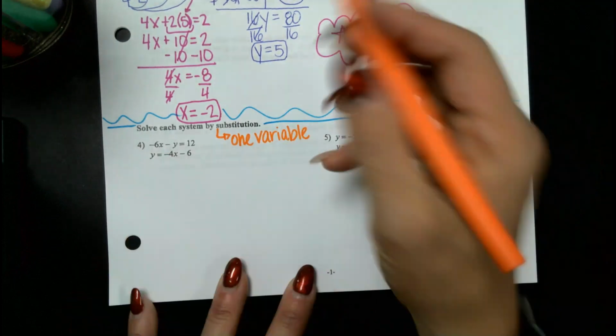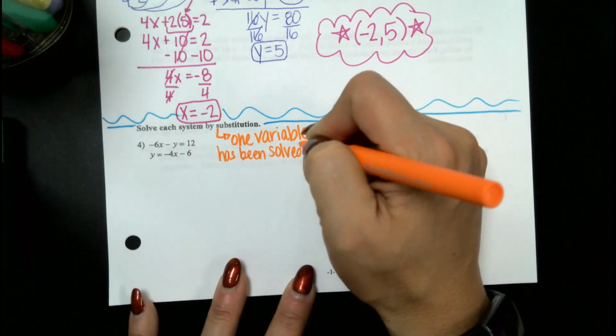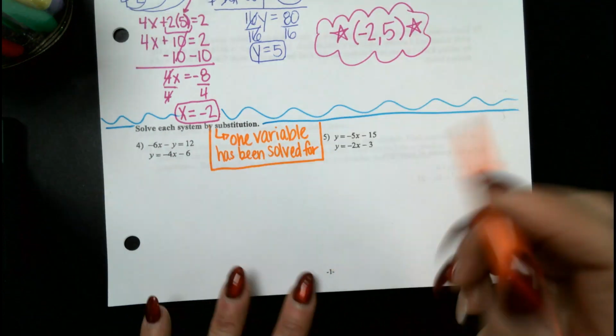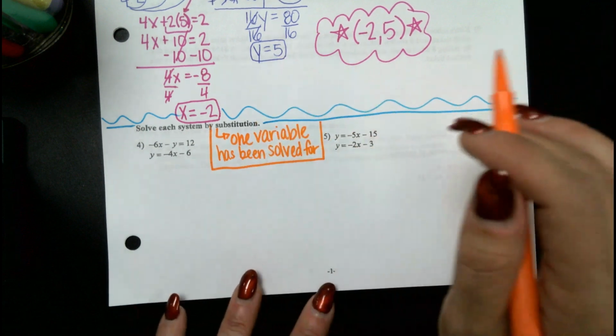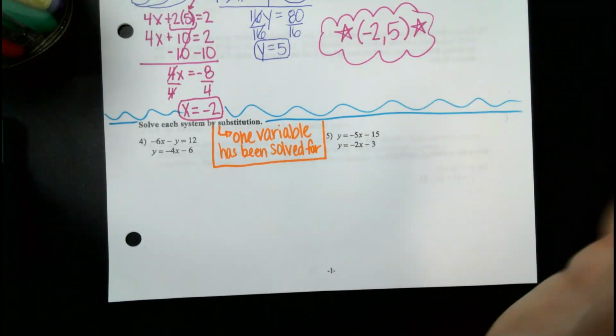Meaning, look at my number 4. See how that bottom equation has one variable solved for. If you are doing the problem where they ask you, are you going to use substitution or elimination, and one of your equations has x equals or y equals by itself, then use substitution.